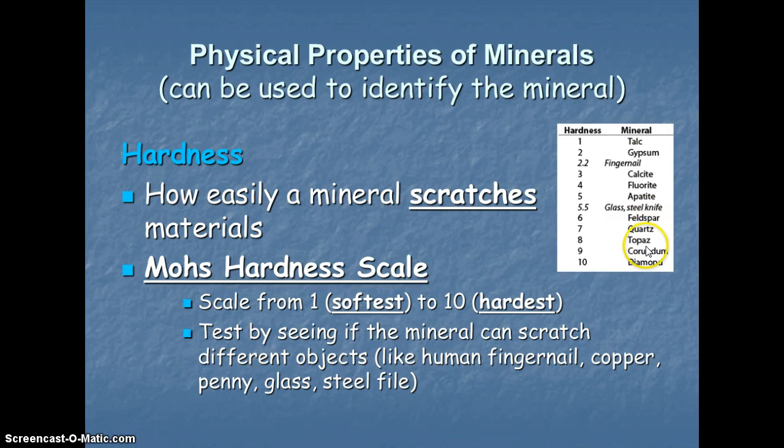Feldspar, quartz, topaz, corundum, and diamond are all harder than glass or a steel knife. So any of these would scratch glass or a steel knife. Diamond is the hardest mineral. Diamond would scratch all of these.